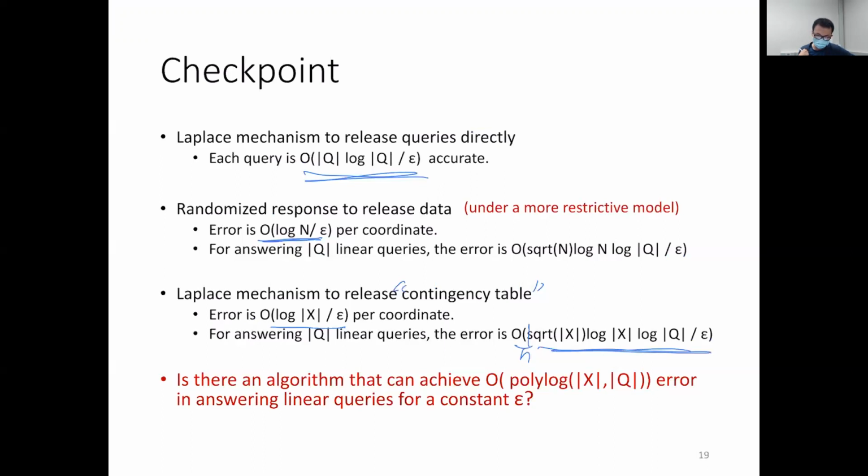The question is whether we can get both at the same time: whether there is an algorithm that gives us exponential improvement by depending logarithmically or polylogarithmically on all these parameters, the cardinality of X and of Q, while achieving, say, constant error with a constant epsilon. If so, then we can provably answer substantially more linear queries.